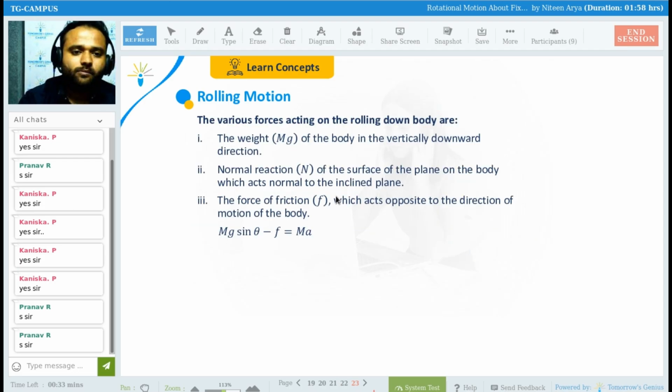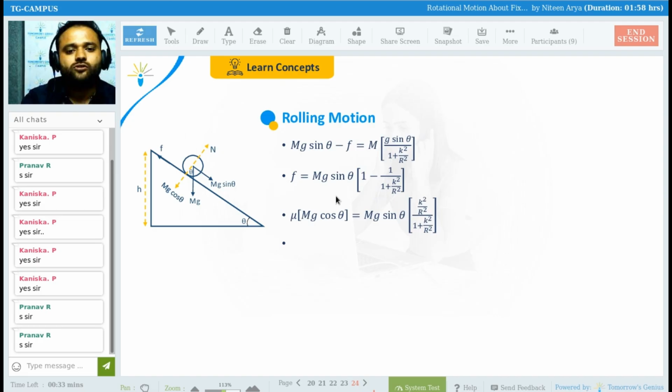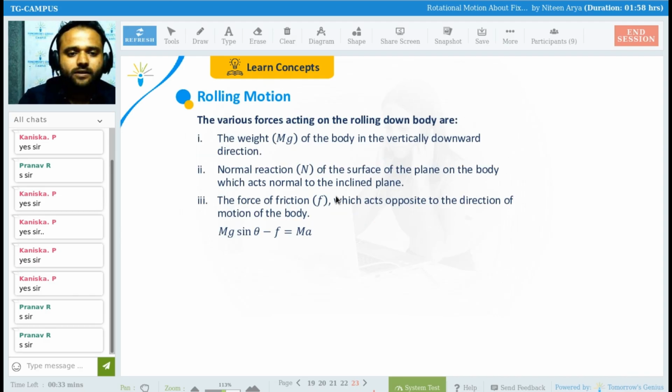Moving ahead, the various forces acting on the rolling body, like I already gave you in this diagram. We are going to talk about this diagram and find the coefficient of friction, mu.